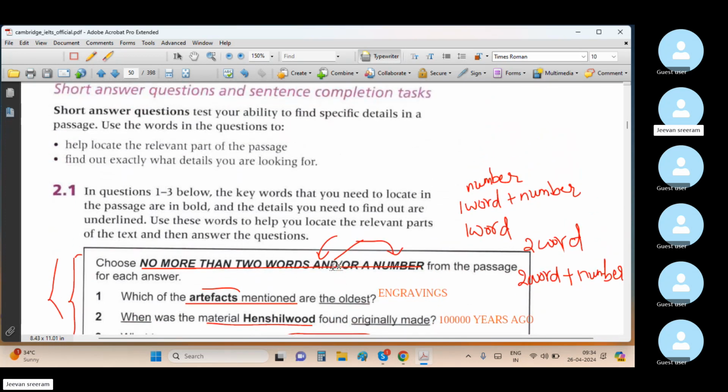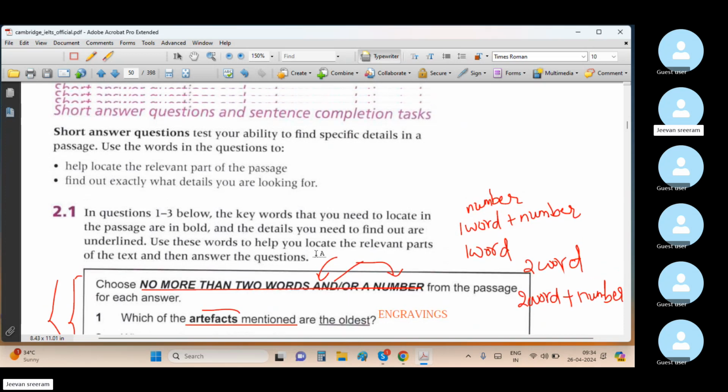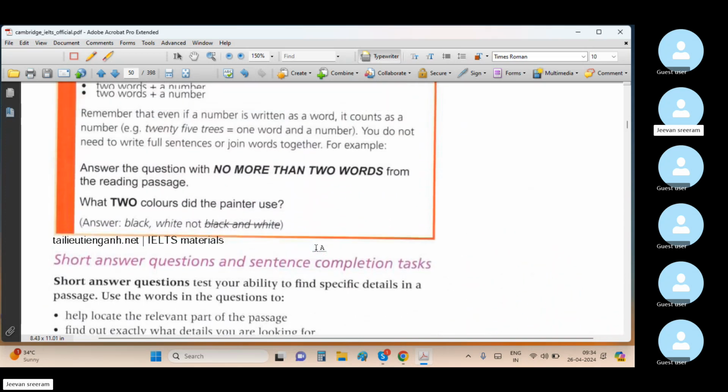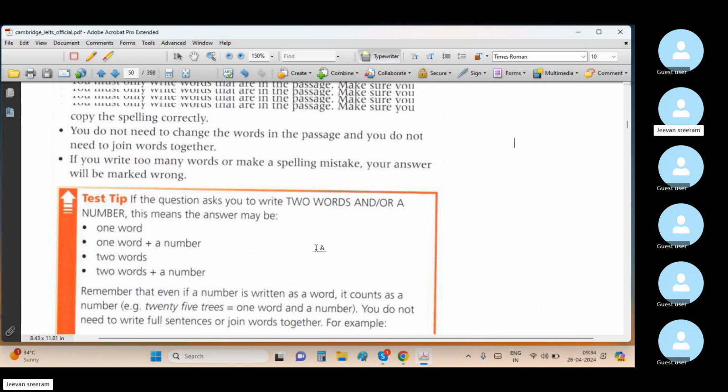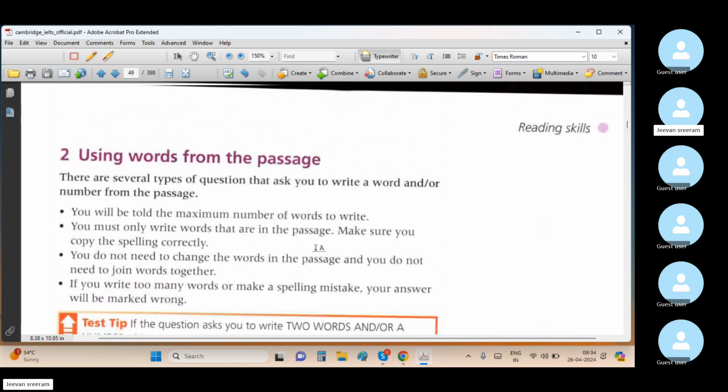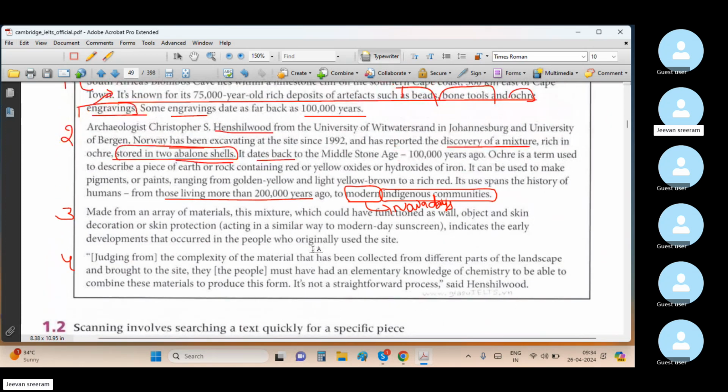Some students say pigments. Pigment itself gives a meaning like painting. That was already given in the question. Apart from pigments, apart from pigmentation, what are the other uses you can attain from the ochre as per the passage? So that must be protection.